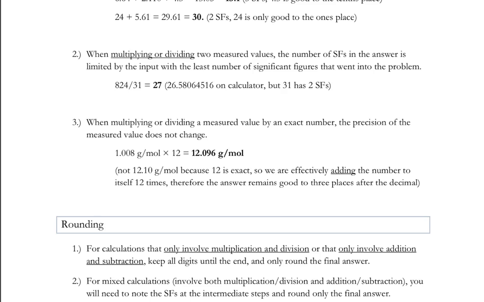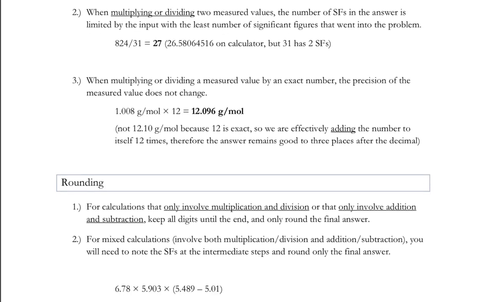So the 12 in this example has an infinite number of sig figs. So the number of sig figs we report is going to be set by 1.008 containing 4 sig figs. So we would round that number 12.096 to 12.10. And we do attach the units, grams per mole.